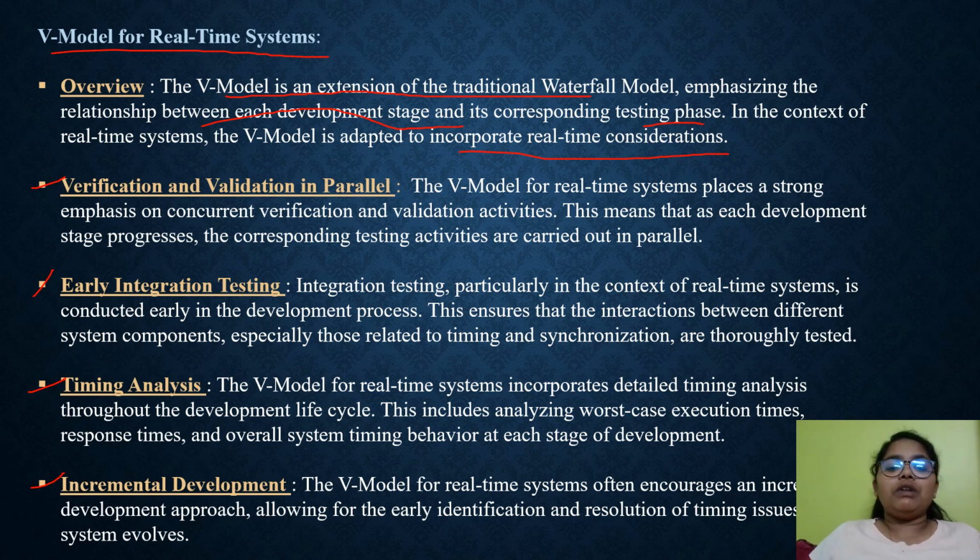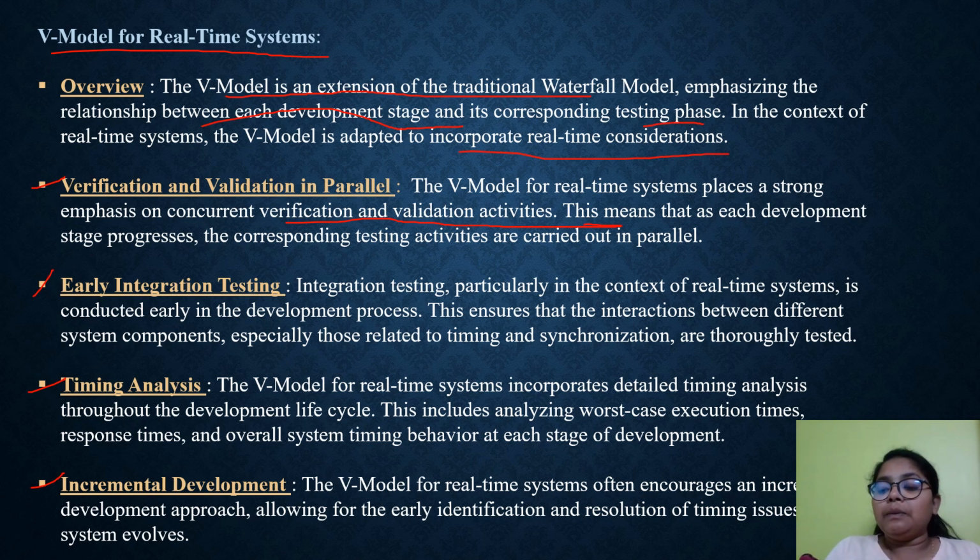Let us see what is verification and validation in parallel. The V model for real-time system places a strong emphasis on concurrent verification and validation activity. That is, the verification and validation activities take place parallelly. So that is why it is called verification and validation in parallel.